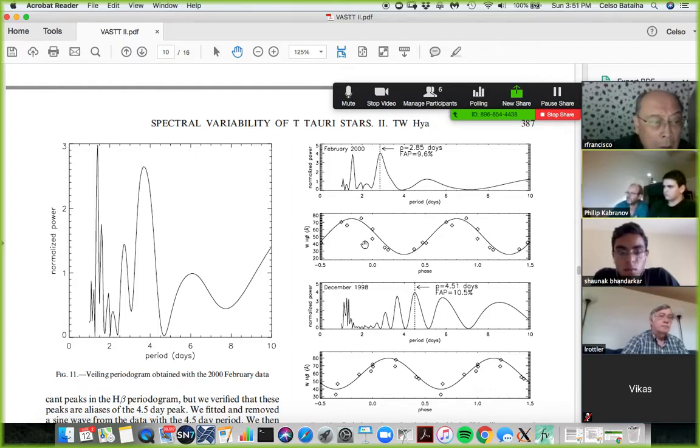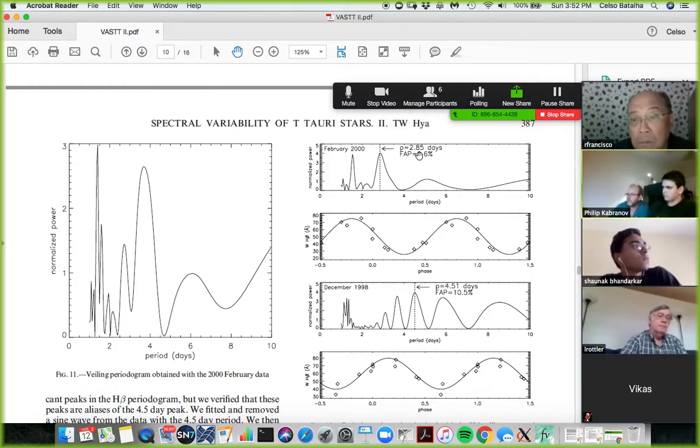This one? Yeah, those diamonds are data for H beta. And that is fitting the period. I don't know which, that's the phase. So that's the phase, but it doesn't say which period it is. Oh, that's for 2.85.